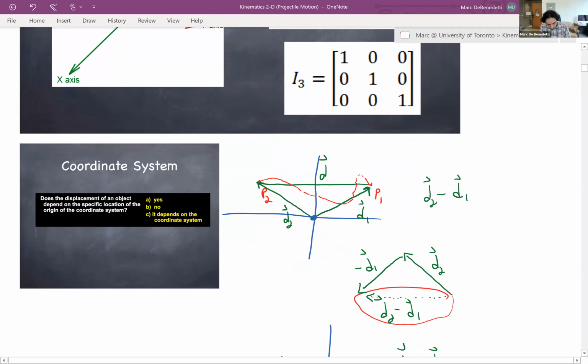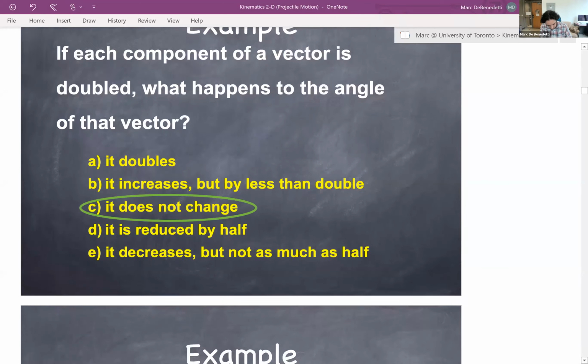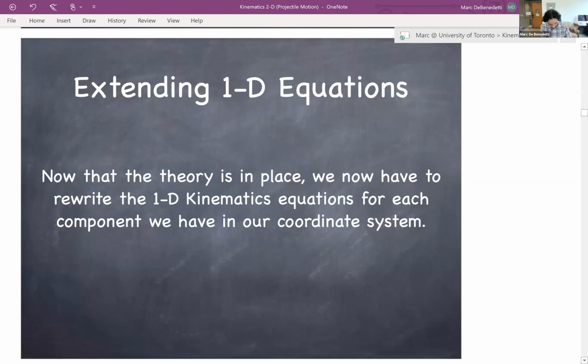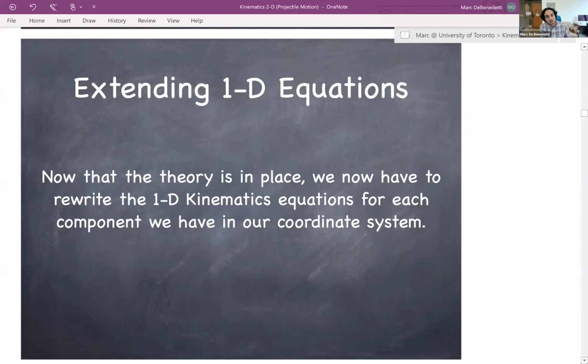And the reason we do this is quite simply, and I have to scroll, my apologies, because if you take a step in the x direction, you want that to be independent from the step in the y direction.